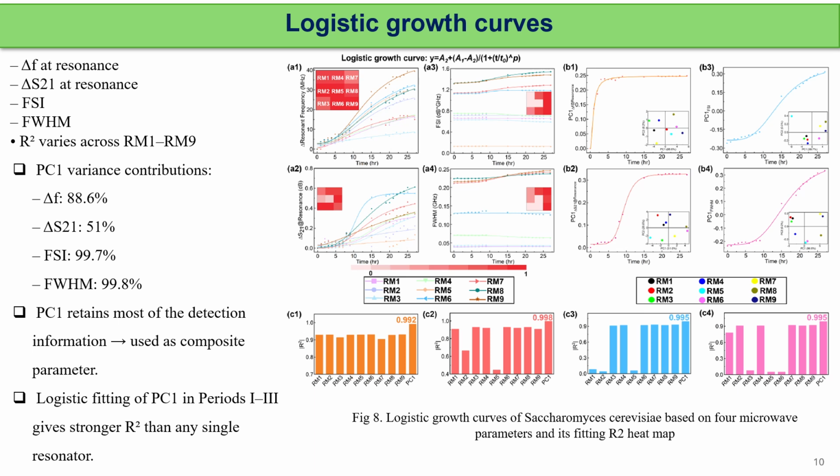Again, the R square values vary across resonators, but PC1 captures the majority of useful information: about 88% for del F, 51% for del S21, and more than 99% for FSI and FWHM. This confirms PC1 can serve as a strong composite parameter. When applied to the first 3 growth periods, PC1 gives better logistic fitting than any individual resonator.